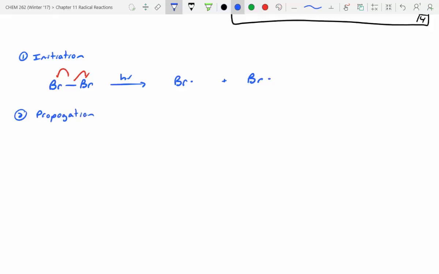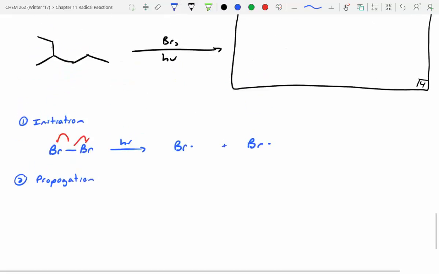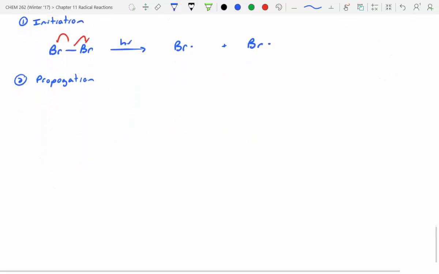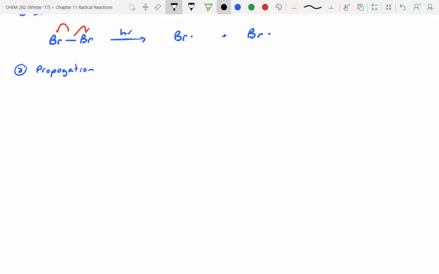And with propagation, we said it's going to be that tertiary carbon. And we've got this proton hanging off here, and this bromine radical is going to come pluck off that proton.